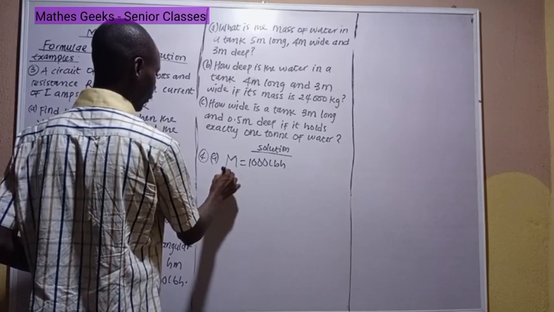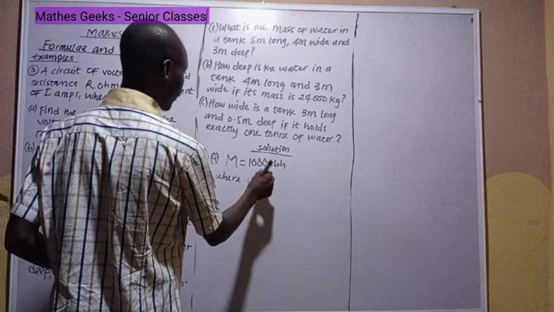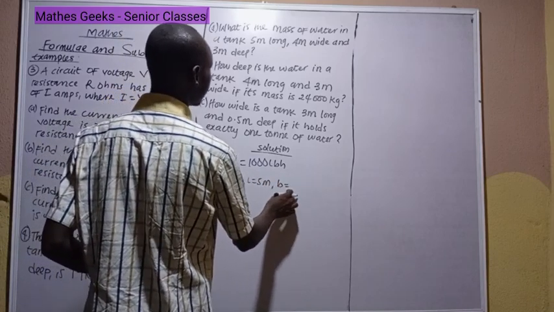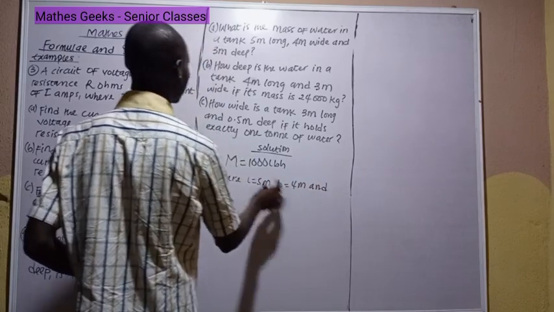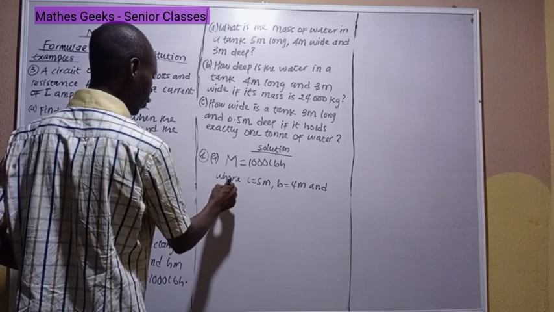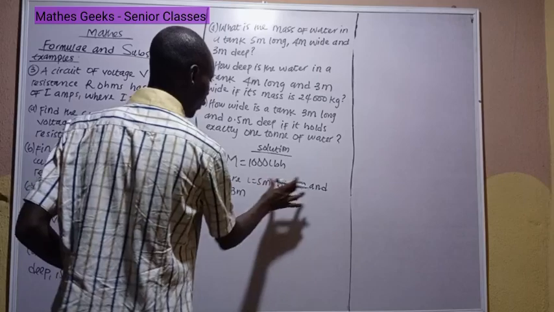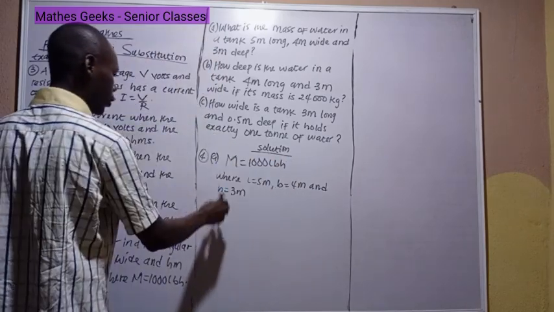So what's the mass of water in a tank 5 meters long, 4 meters wide, and 2 meters deep? L is equal to 5 meters, B is equal to 4 meters, and H is equal to 2 meters. So we put these values in place of the letters in this equation.